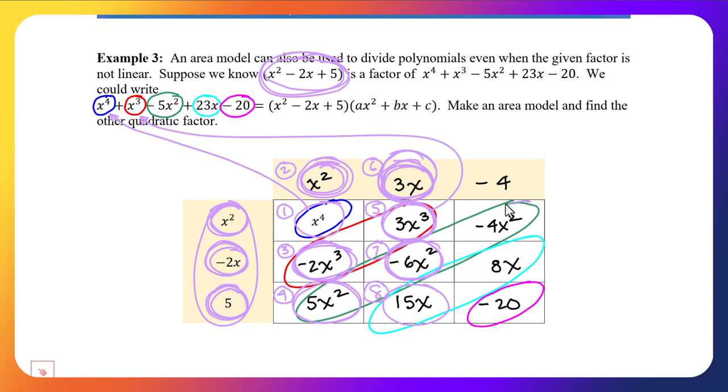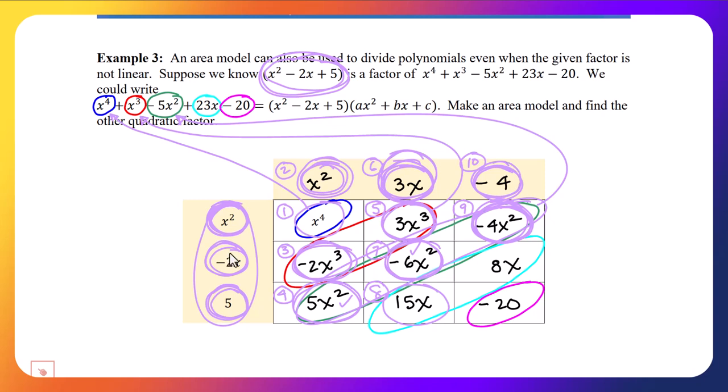Now a little bit longer, this green bubble has two things already, 5x squared and negative 6x squared. That's negative 1x squared. To make our negative 5x squared, I need a negative 4 more x squareds. Step 9. To make that negative 4x squared from this x squared, I needed a negative 4. Step 10.